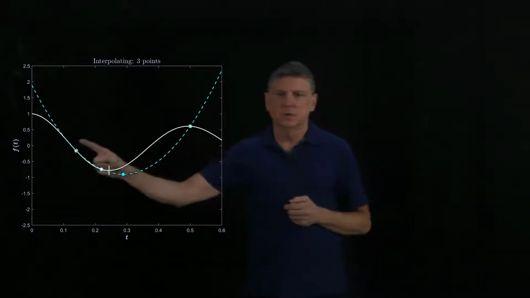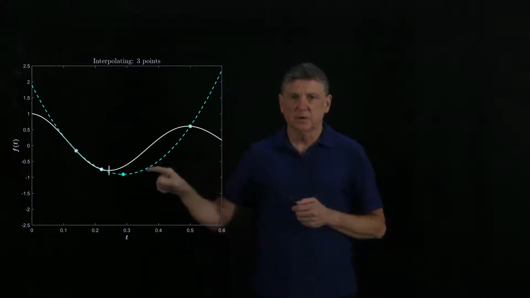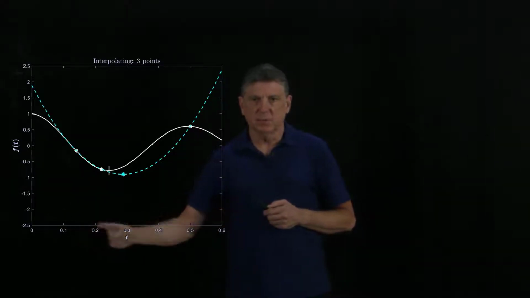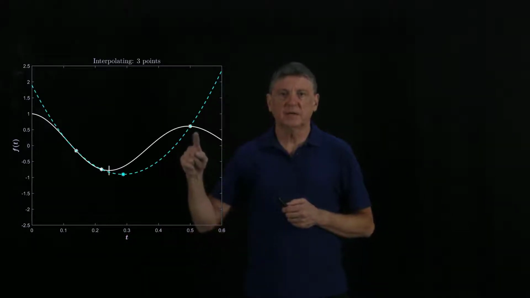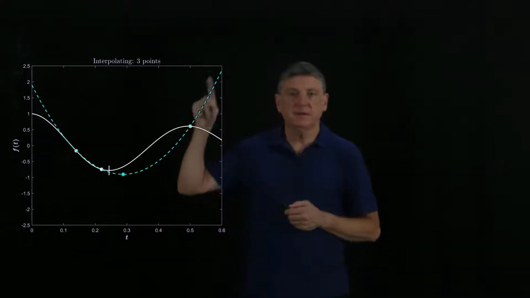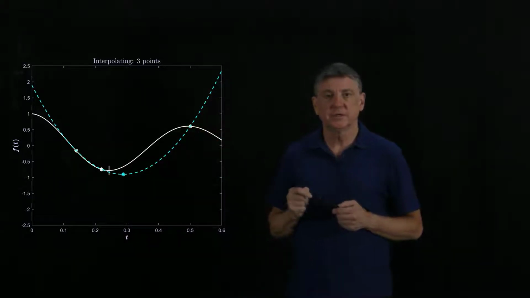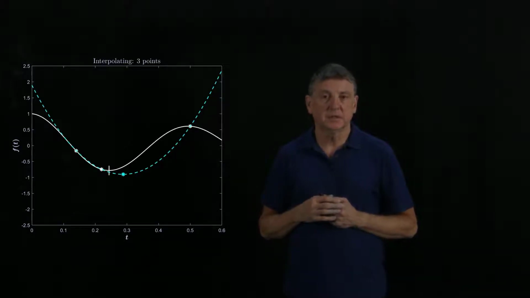If we use T1, T2, and T3 as our points, that is, this is T1, this is T2, and this is T3, we then calculate the functional values that correspond to them, and we then fit a polynomial which produces a parabola using the techniques of the previous session.